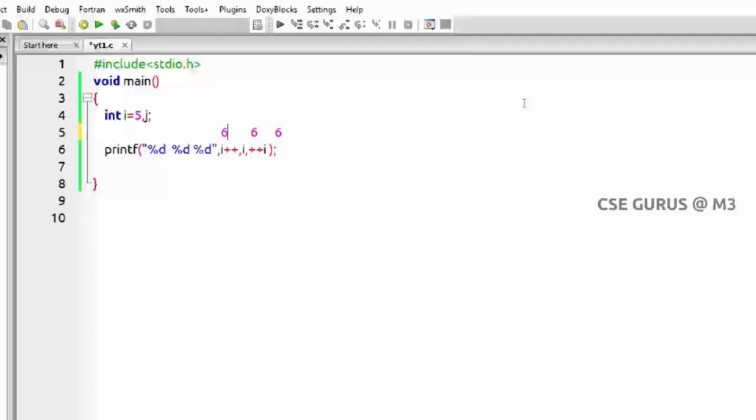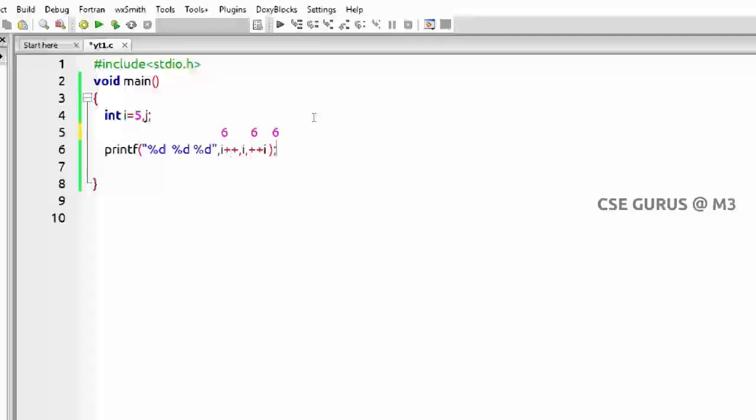Now this is the output you will get in Turbo C, but right now you got 677. I'll tell you how it is 677. Anyway, the execution till this point is the same, okay, but it won't print immediately. Okay, once again I'll tell you. Here you can see, here it is 6 first, here also 6, and here also initially 6. Now the thing is, after 6, what is the I value?